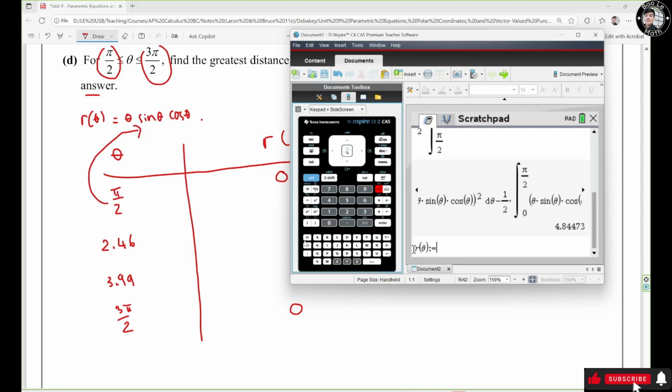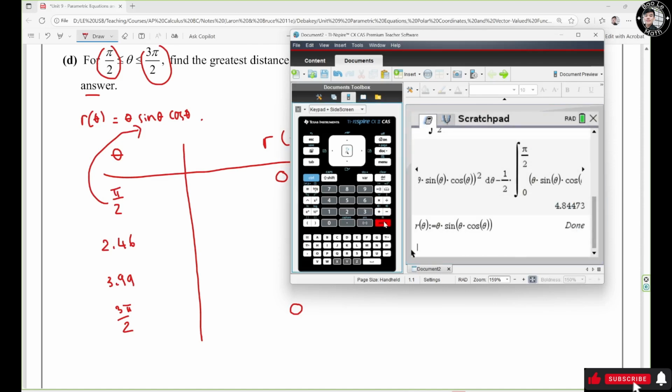It's going to be theta times sine theta times cosine theta. Press enter, and whenever you see done, it means you were successful.